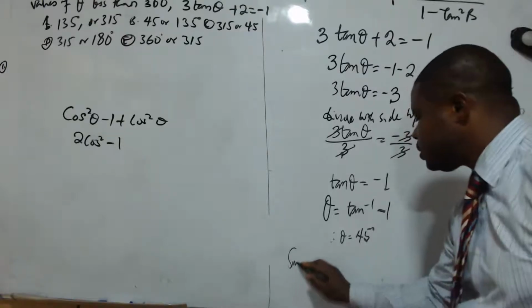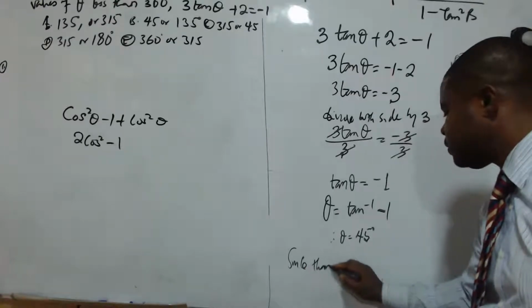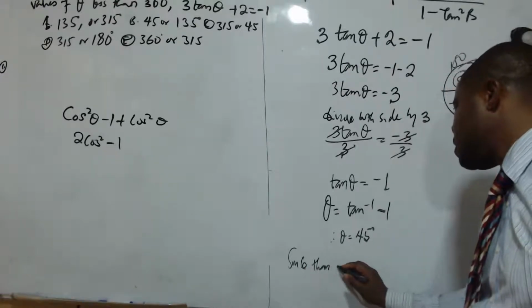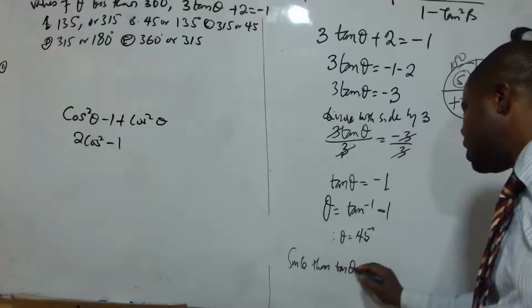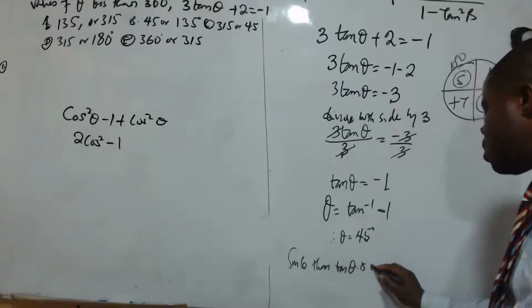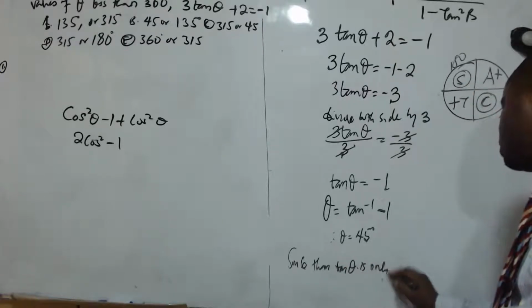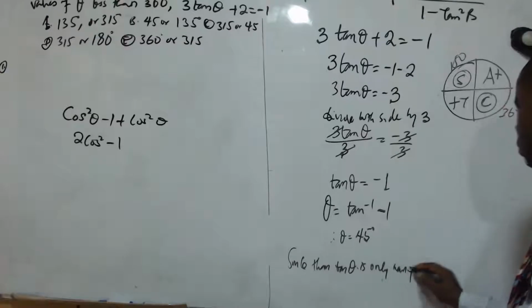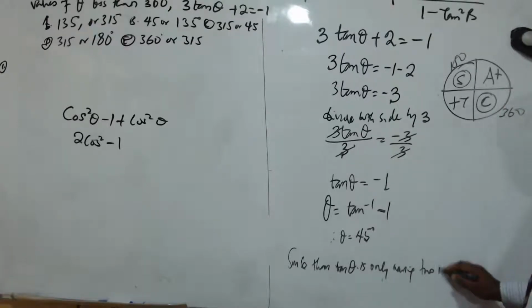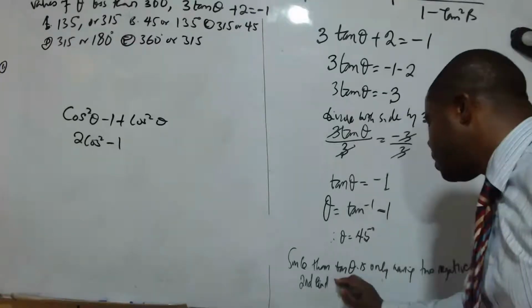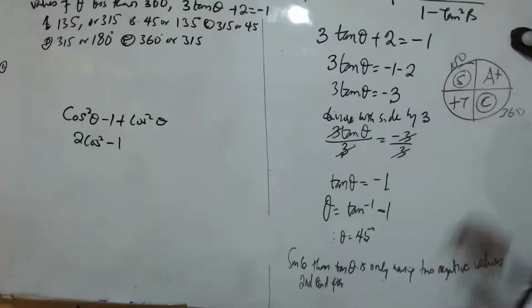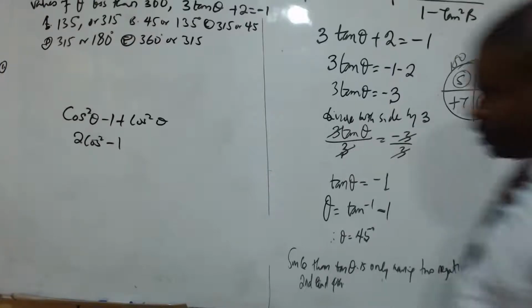Now, since tan theta is only having negative values in the second quadrant and the fourth quadrant, our tan there is negative. Then how do we solve that?